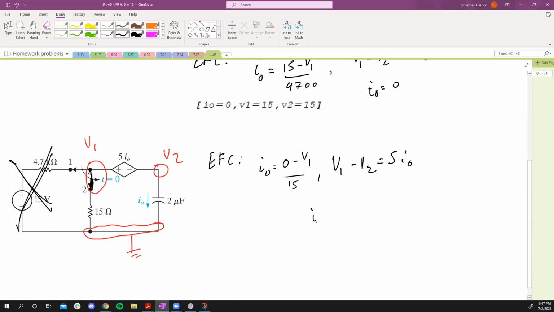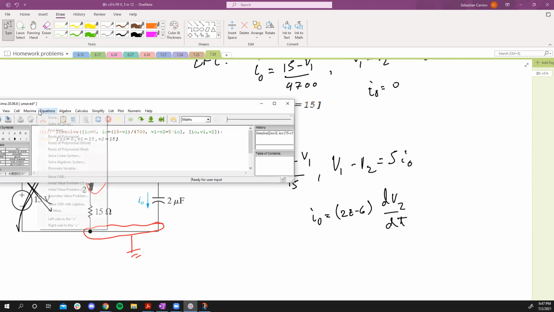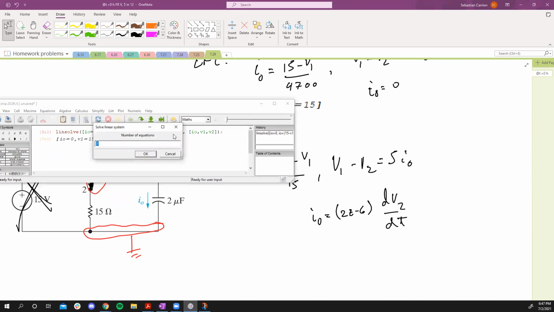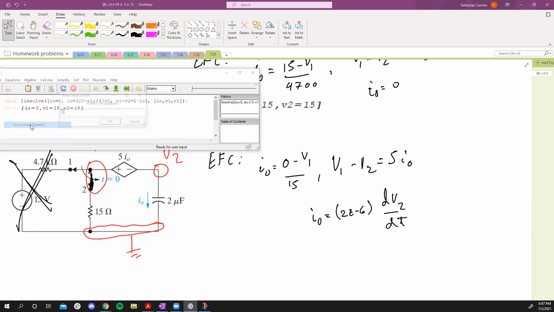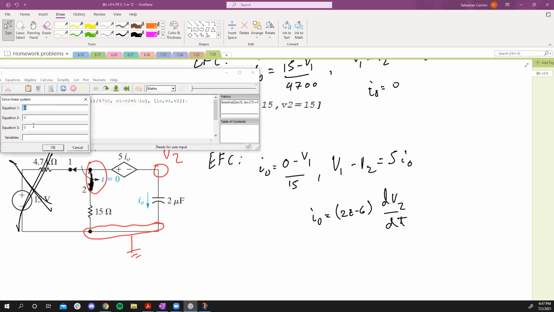And then i0 is going to be equal to 2e to the negative 6 dV2 over dt, right? So let's plug this into Maxima again. i0 equals negative V1 over 15.